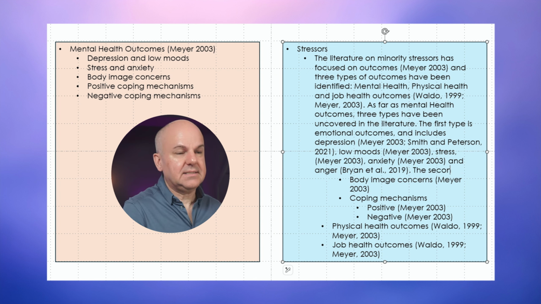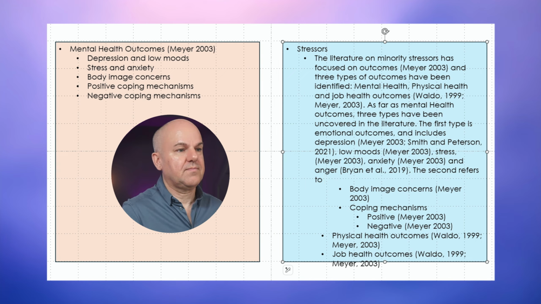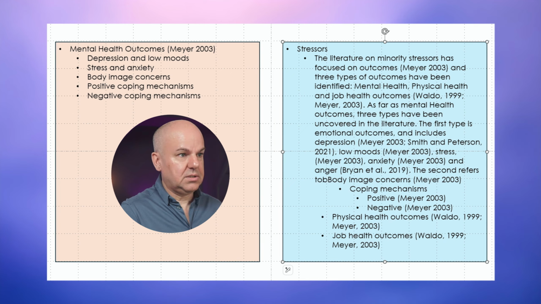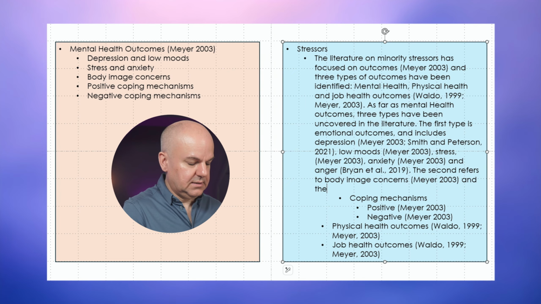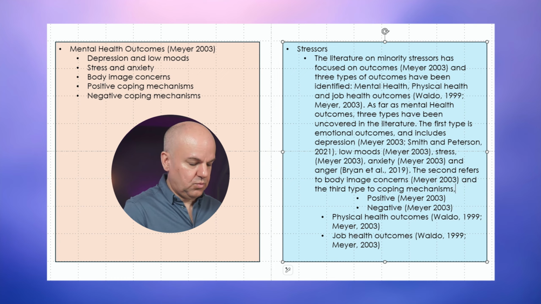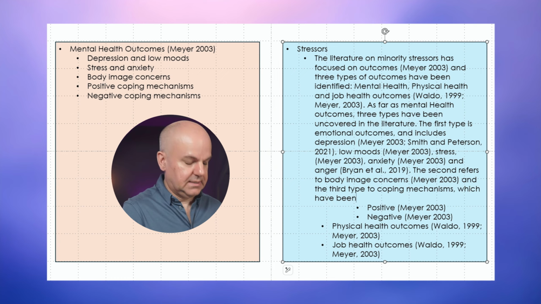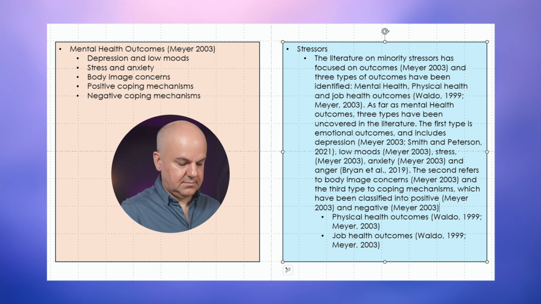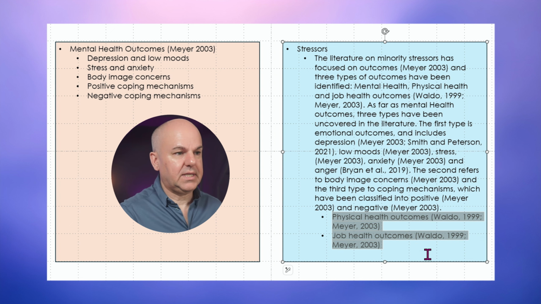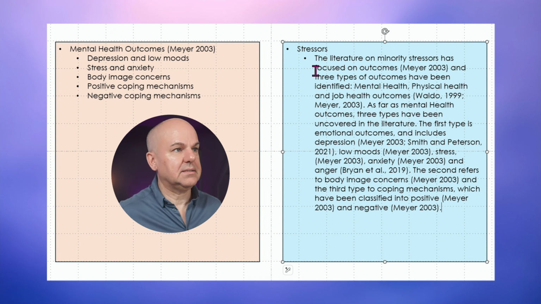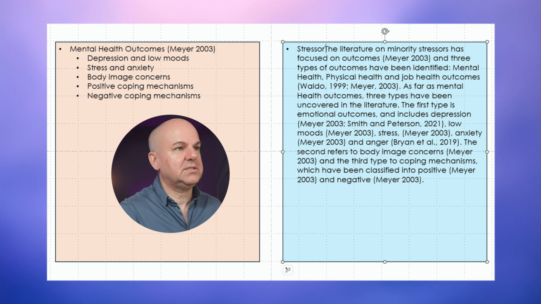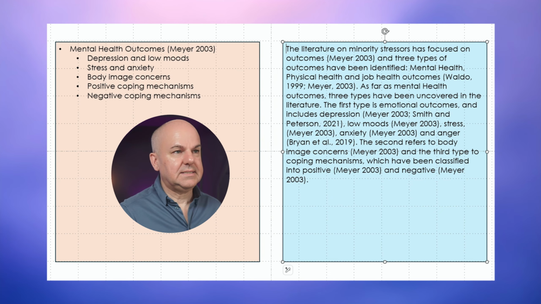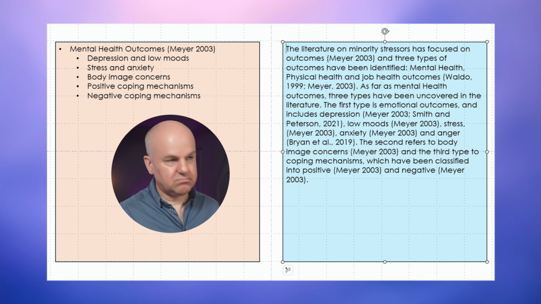The second refers to body image concerns, and the third type to coping mechanisms, which have been classified into positive and negative. We don't need that anymore because we already have included it at the beginning. So if I remove the bullet points, this is the text that we would have ended up with, or something like this.